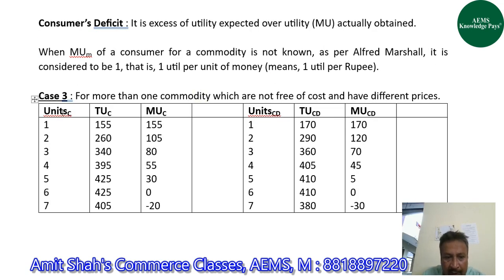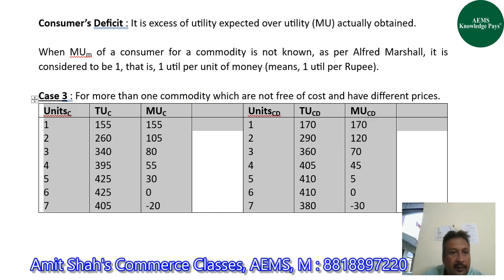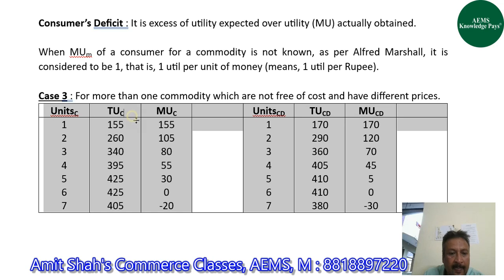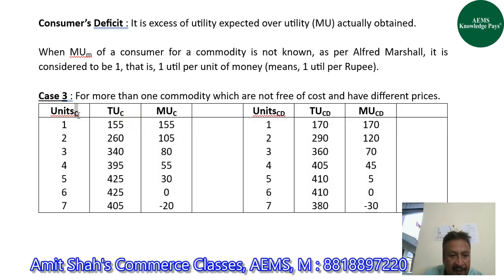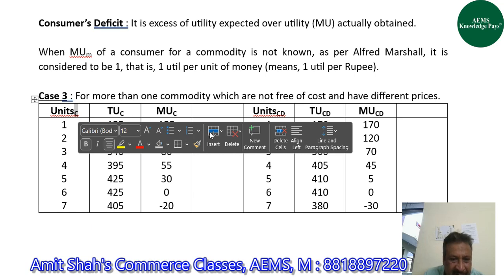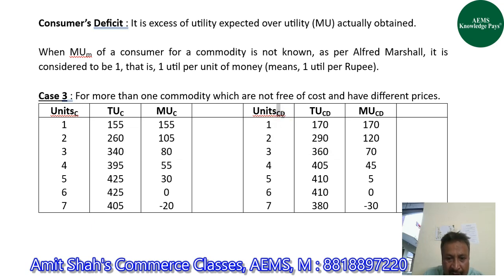Okay, guys, I am done with the schedule of utility for two commodities. Here we have one commodity that is C, that is chips, and the other commodity is cold drink. A consumer wants to buy both together and he wants to determine his equilibrium.